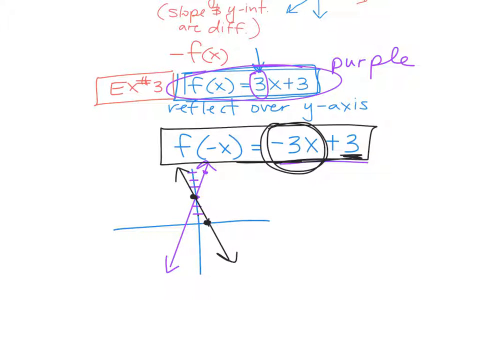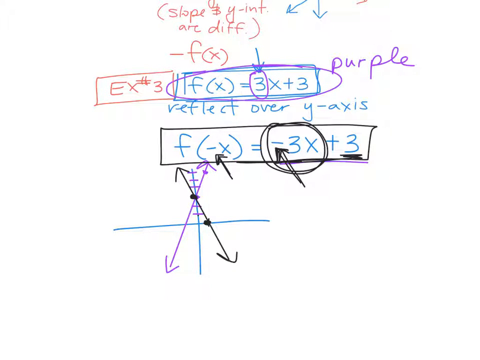Okay? Questions on that? So if the slope changes from positive to negative or negative to positive, does the x in f of x change signs too? Because right now, it's f of negative x equals negative 3x. You're saying if this changes, then this changes? Or the other way around. Yes, that's what's happening to your function, right? It's the opposite of x now. So you put in the negative sign here if this is f of negative x.